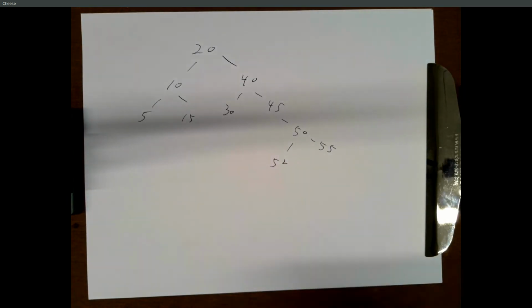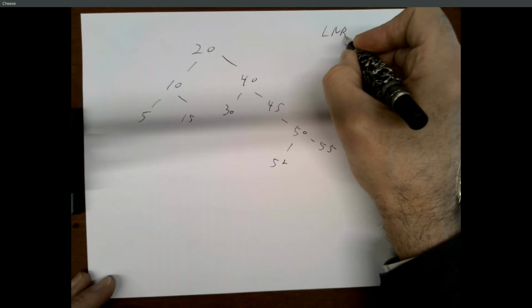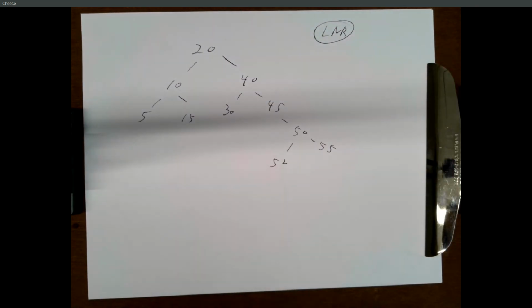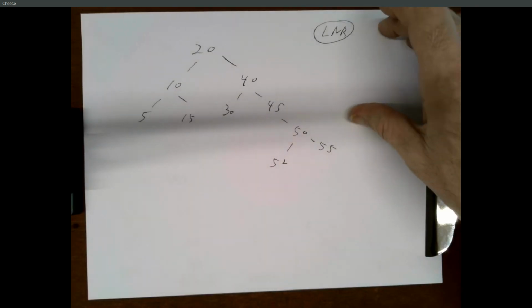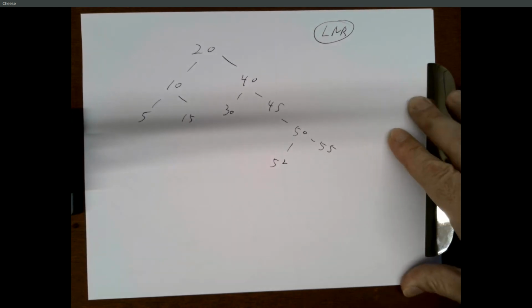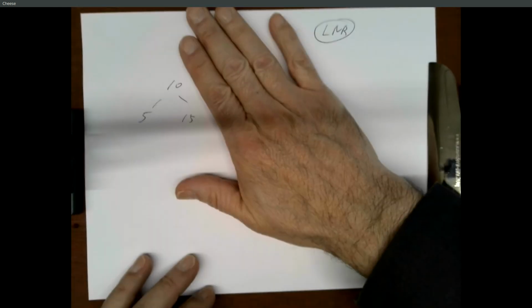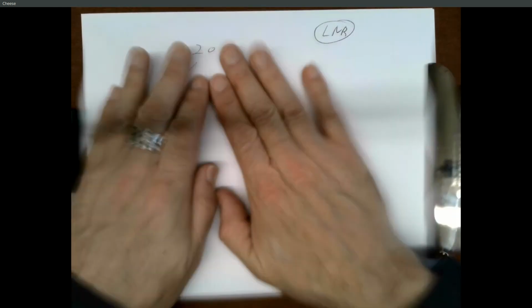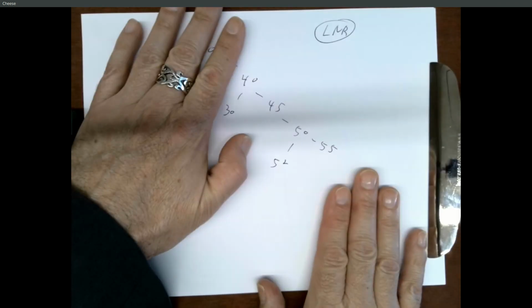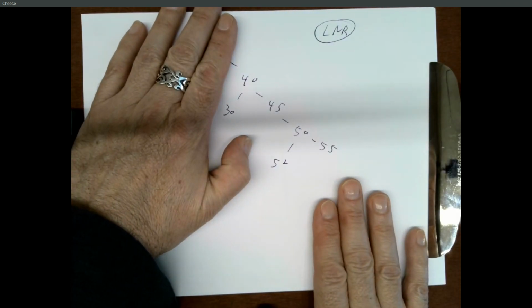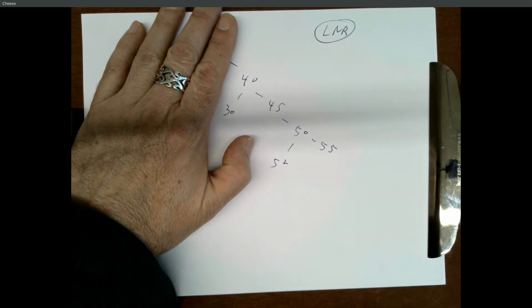So let's say I want to traverse this in left node right in order. The very nature of this is recursive. This is really saying, to traverse this tree, first traverse the left subtree, then print the root node data, then traverse the right subtree. Okay, that's a recursive definition inherently. You have to work to make it non-recursive.